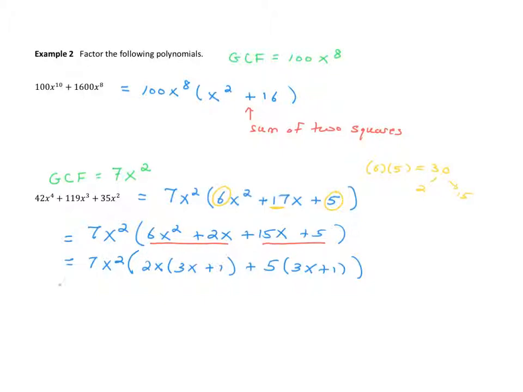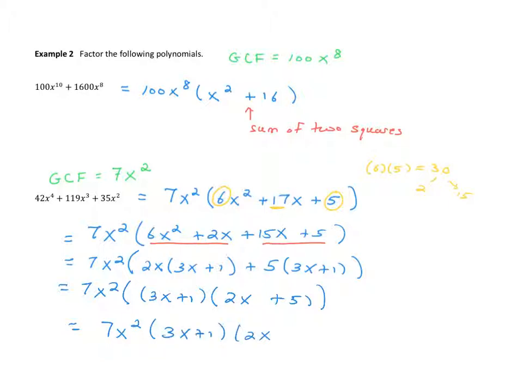I get 7x squared. I remove the 3x plus 1 from both terms, and that leaves me with 2x and 5. As I noted, I have this extra set of parentheses, which is redundant. You can leave it, but I'm going to get rid of it because it is unnecessary. I just have 3x plus 1 and then 2x plus 5, and this is my final answer.